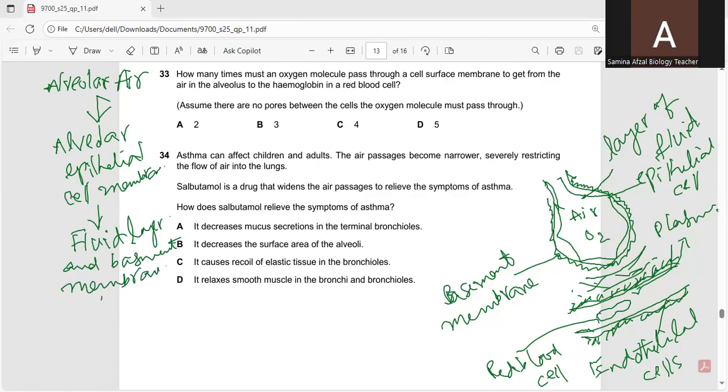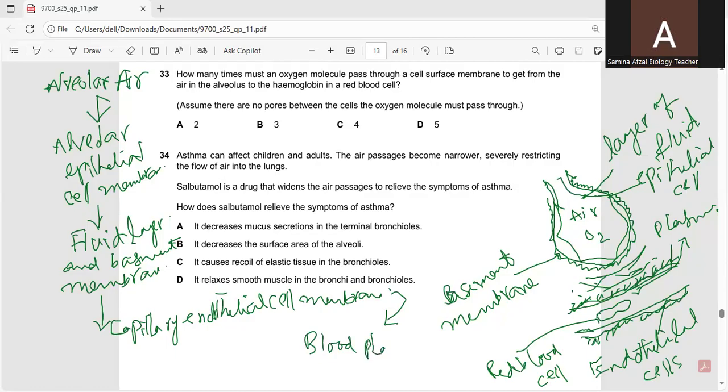And then capillary endothelial cell membrane, to blood plasma, and then blood plasma to red blood cell membrane, red blood cell membrane to hemoglobin.